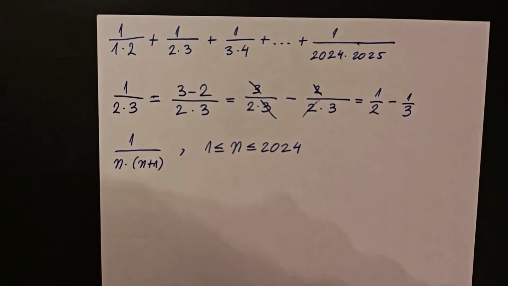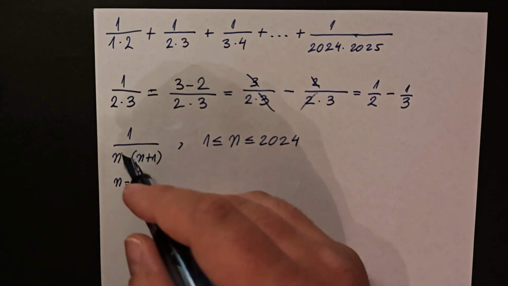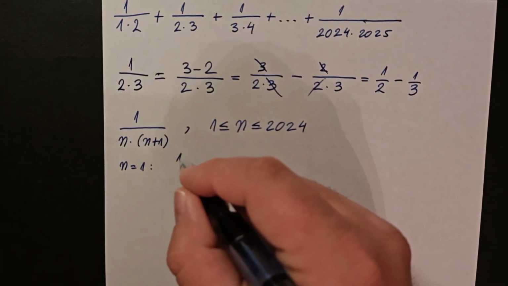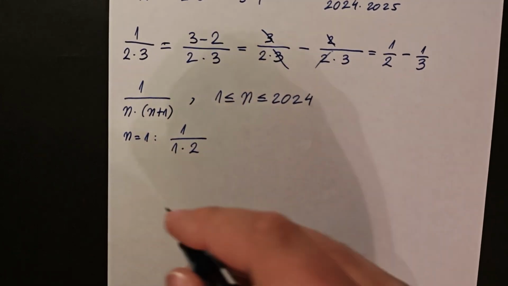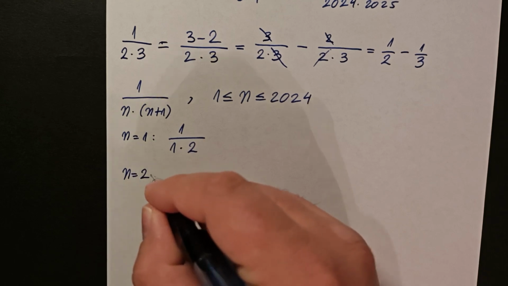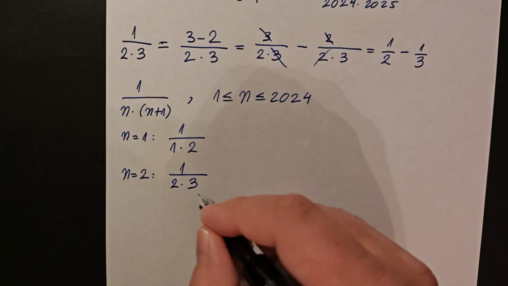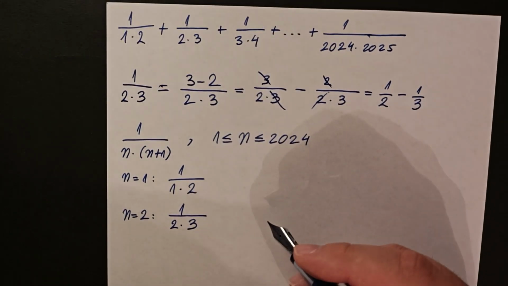So if you plug the value of n equal to 1 into 1 divided by n multiplied by n plus 1, you get the first fraction, 1 divided by 1 multiplied by 2. If you plug in the value of 2 for n, you get 1 divided by 2 multiplied by 3, which is the second fraction of our sum.